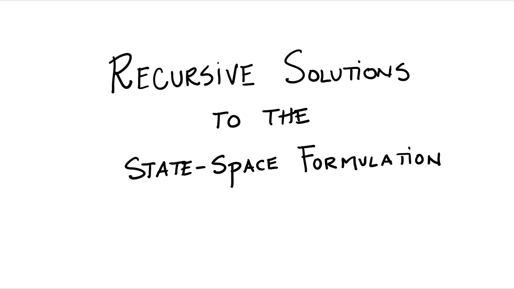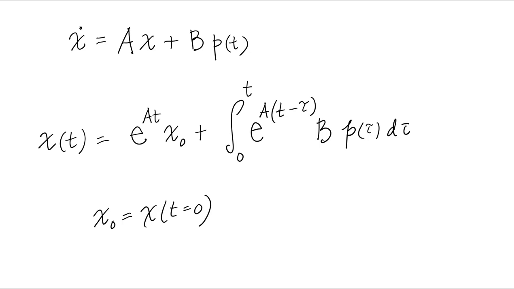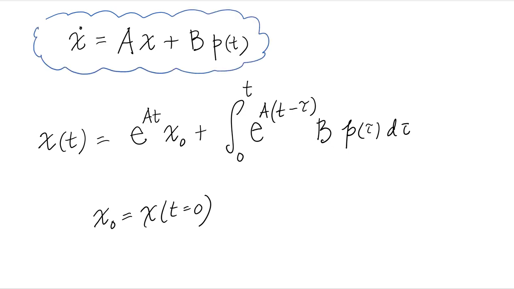In this lecture, I want to discuss recursive solutions to the state space formulation. As we mentioned in the previous lecture, the state space formulation for a linear dynamical system looks like this: X dot equals AX plus B P of t.